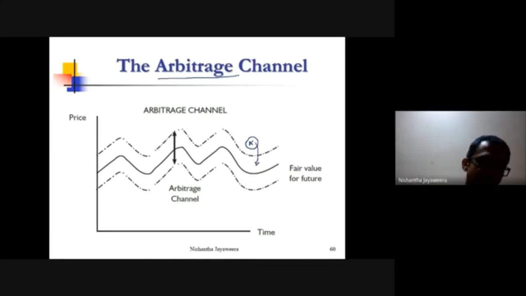Not exactly. There can be, because even for your margin account balances, you get interest income. If it is drastically different from the market rates, then there will be an impact. Otherwise, it won't. However, that's why all these transaction costs have to be accounted for when you decide whether this arbitrage opportunity will give you a profit or not.